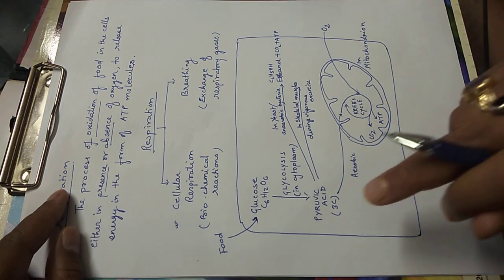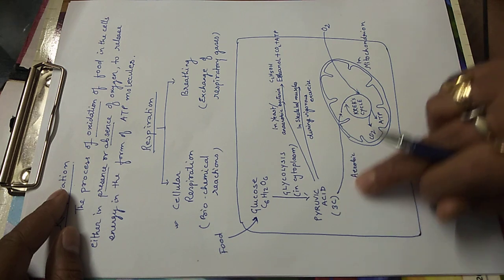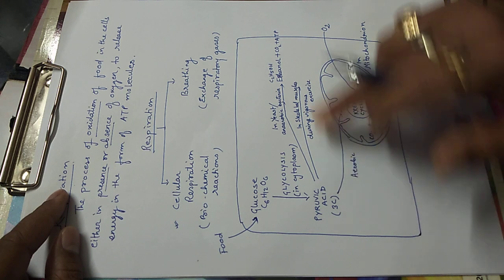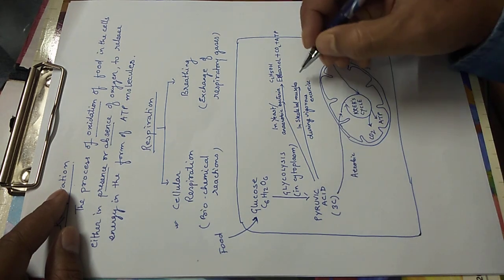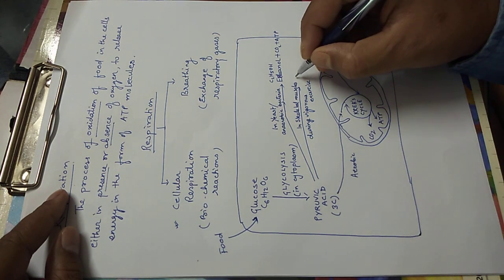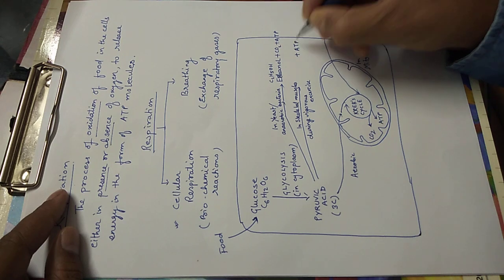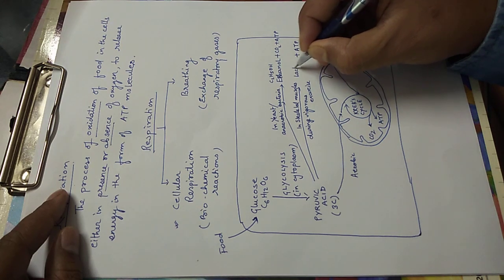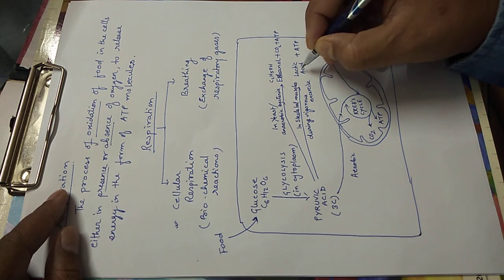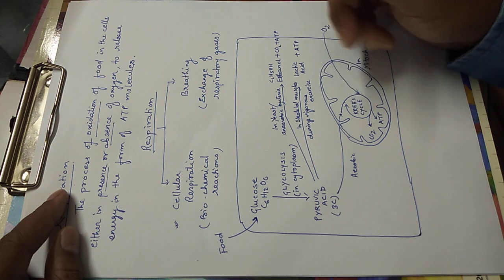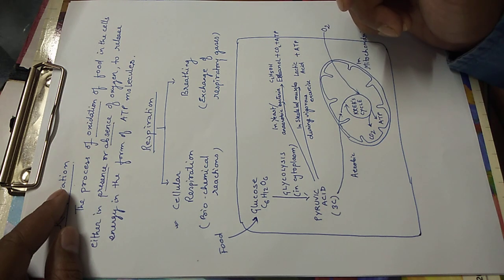During that time, the pyruvic acid, rather than going for Krebs cycle, will go in another pathway and ATP will be formed. Along with ATP, lactic acid is formed. Now this lactic acid gets stored in the muscles and it has a toxic effect. Therefore, it causes the pain.